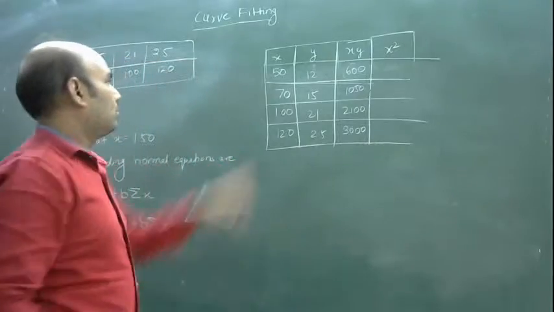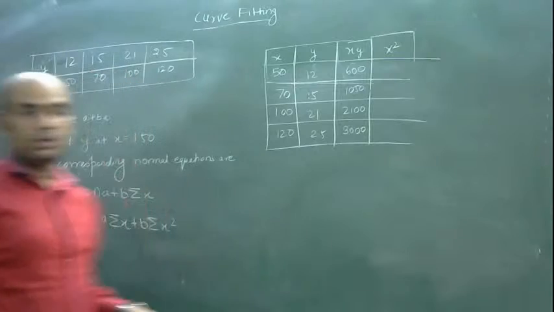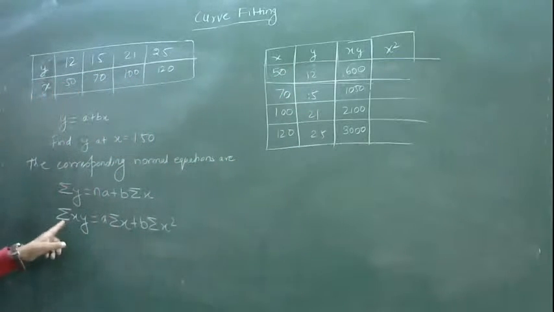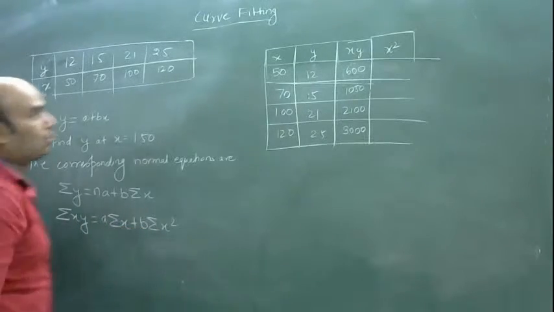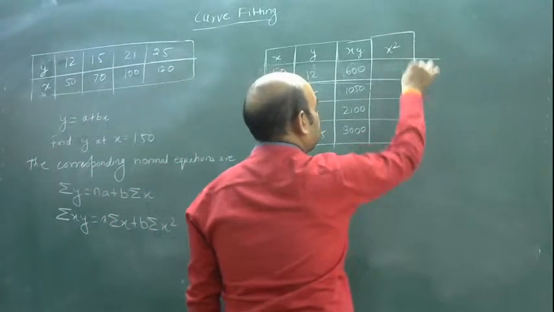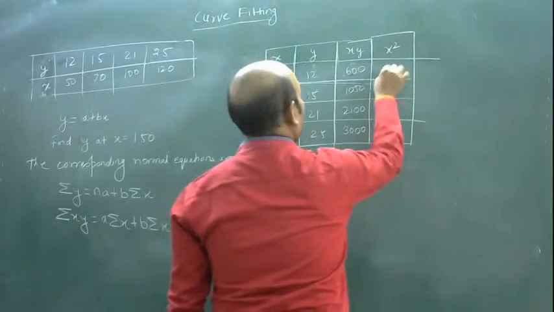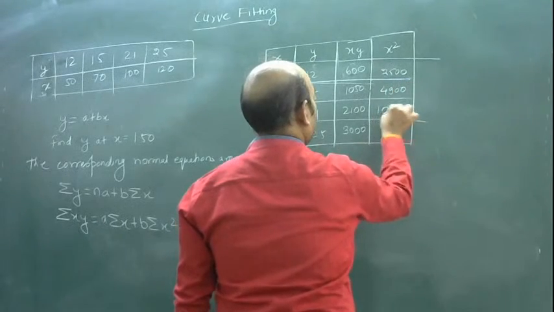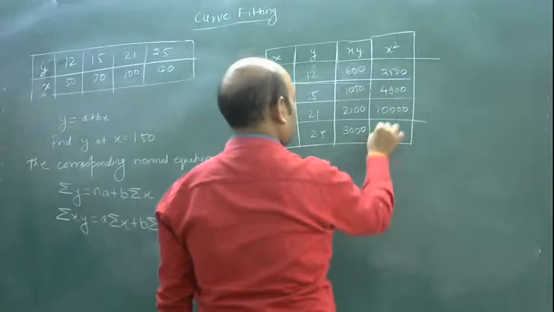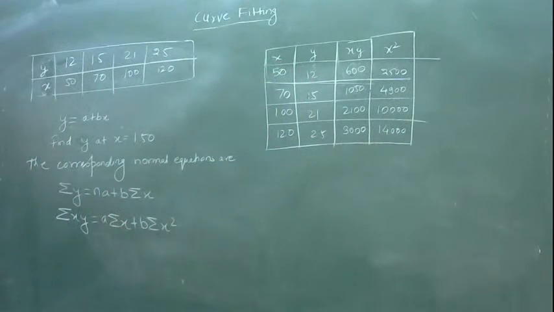So x into y, then sum it, you can find summation xy. Then you also need summation x square. So this will be 2500, this will be 4900, this will be 14000. Okay, so these are the values.